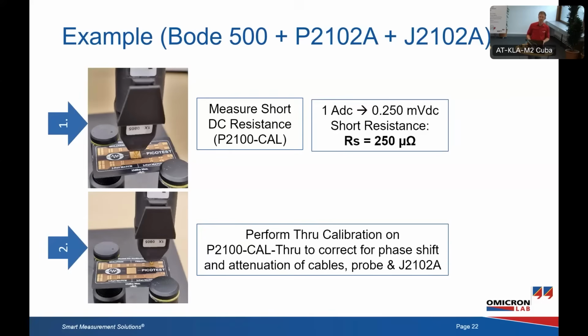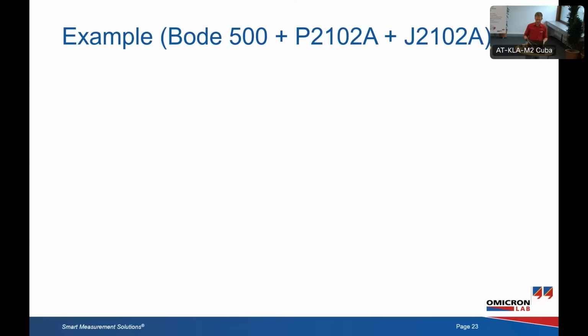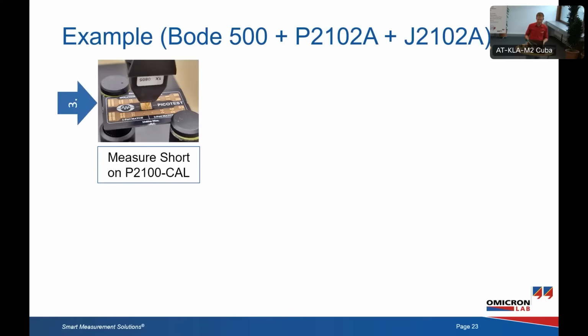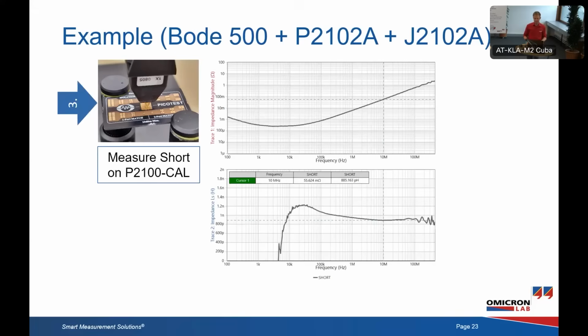The second step was performing a through calibration on the calibration board to account for the phase delay and the attenuation of the cabling, the probe, and the common mode choke. After calibrating, the probe is positioned on the short pad, and a first measurement is conducted.